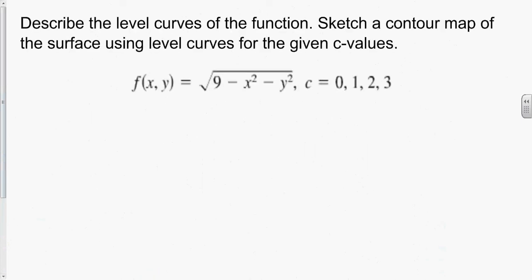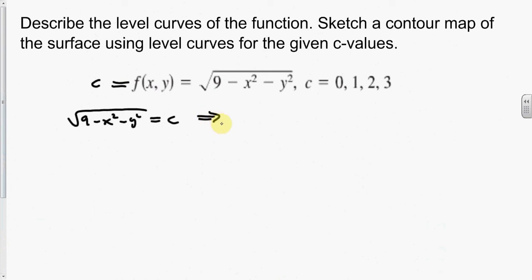All right, let's look at this one. Here, this is c, so I have the square root of 9 minus x squared minus y squared is equal to c. Now I'm going to square both sides just to see what's happening with c.